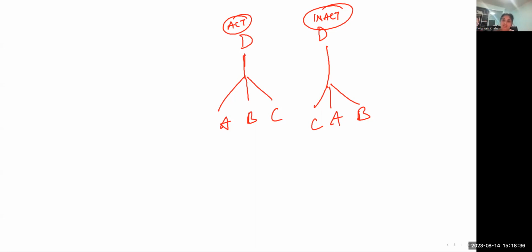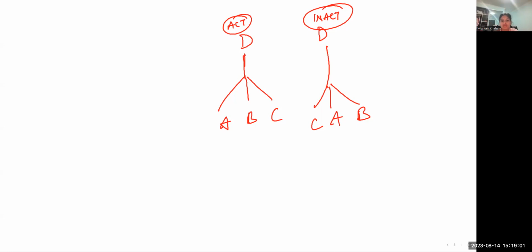The substituents of the active enantiomer, labeled A, B, and C, must interact with the corresponding regions of the binding sites, labeled small a, small b, and small c. So the alignment has to be perfectly done.